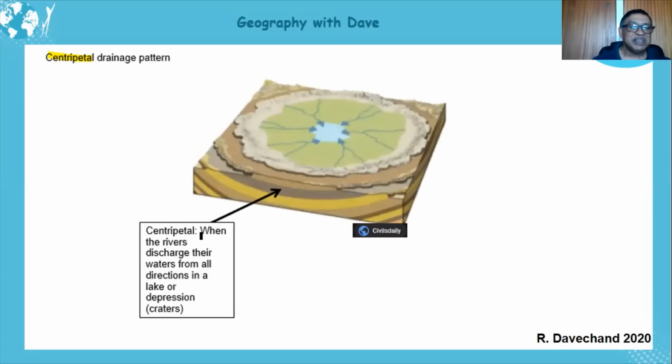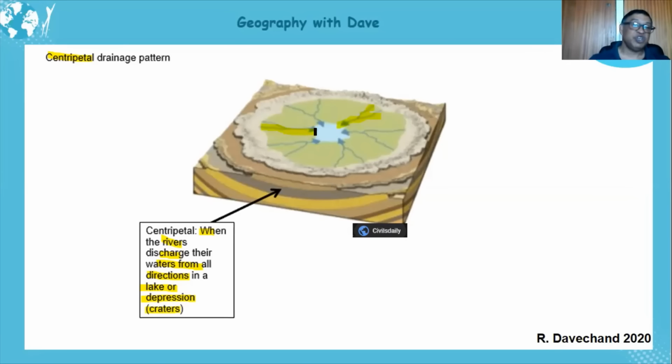It's when rivers discharge their waters from all directions, can you see it, from all directions into a lake or depression or crater. So it's moving inward. You can see even when the tributaries are joining, the acute angle points inwards into this basin sort of feature. That flows inwards. That's your centripetal drainage pattern.